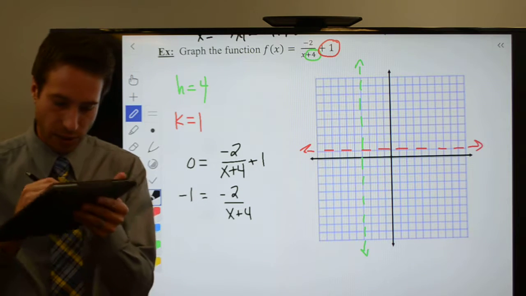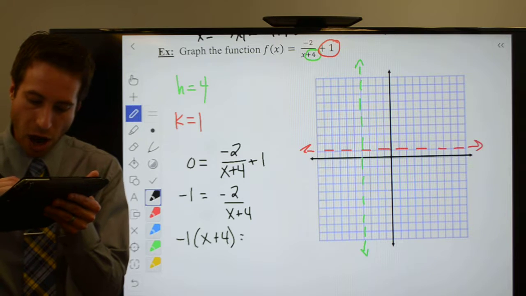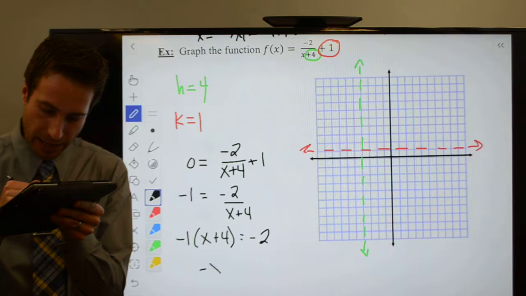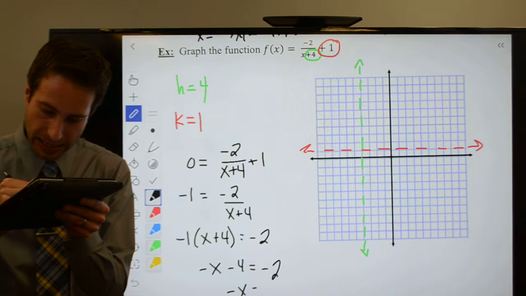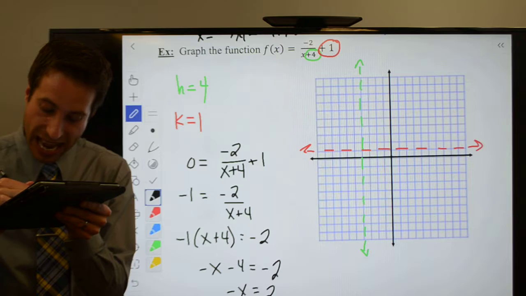Multiply the x plus 4 to the other side: negative 1 times the quantity x plus 4. I'll leave it in parentheses so I don't forget to distribute. Negative x minus 4 is equal to negative 2. Add the 4, so that gives me 2. Negative x is equal to 2, so x is equal to negative 2.